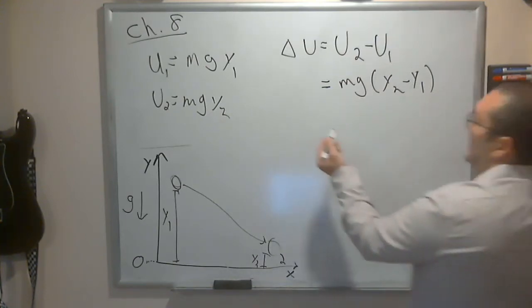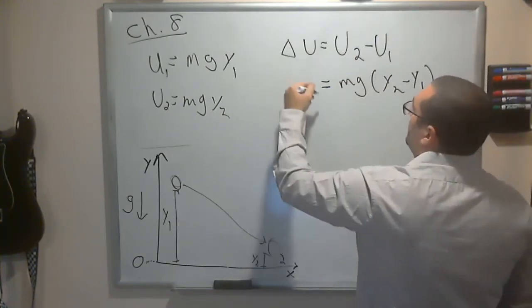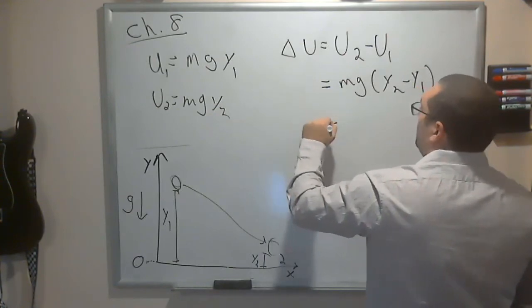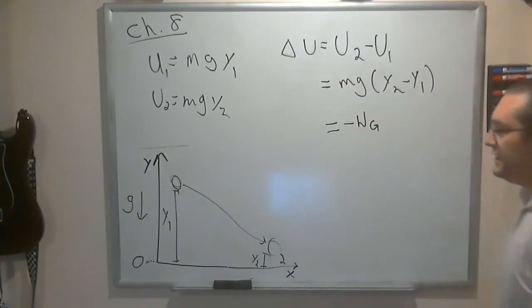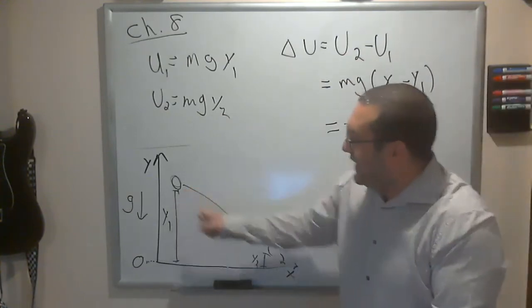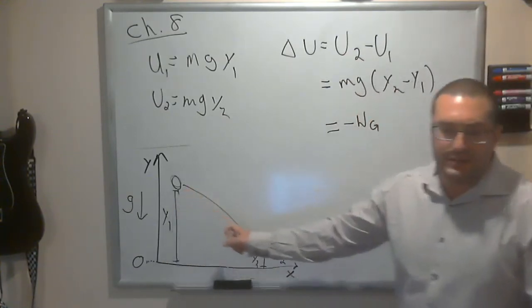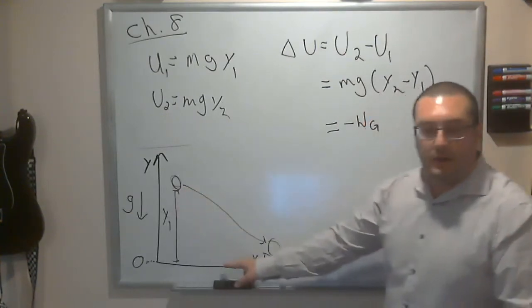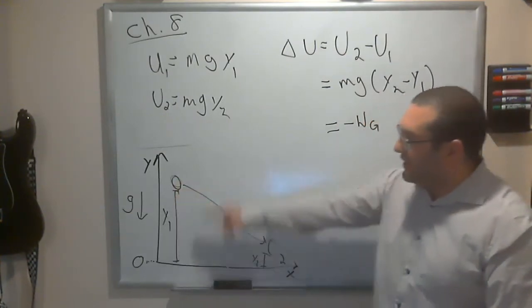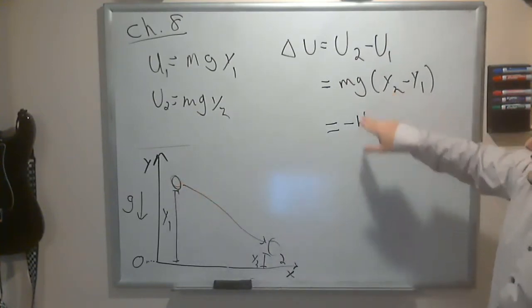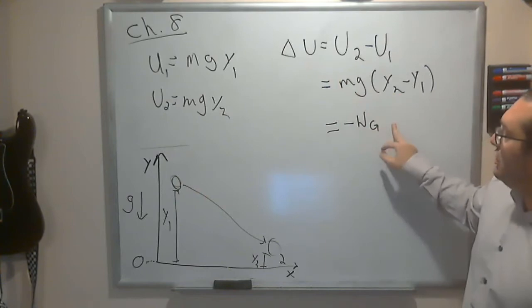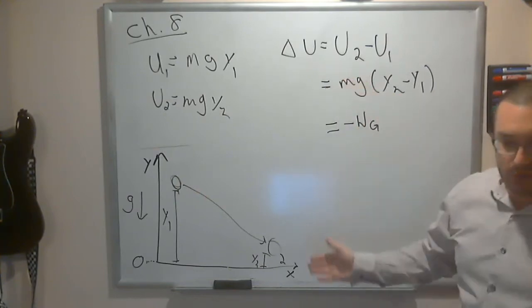So what we say is that this is equal to the negative work done by gravity, because gravity gives energy to the ball over here. So it's a positive sign. The work done on the ball by gravity is positive. But it would be a negative change in potential energy because it's taking it from somewhere.